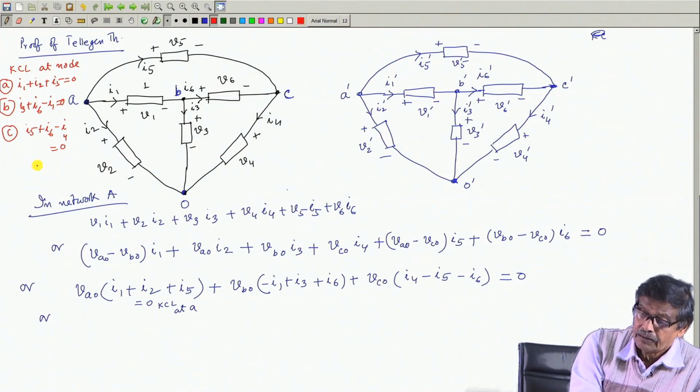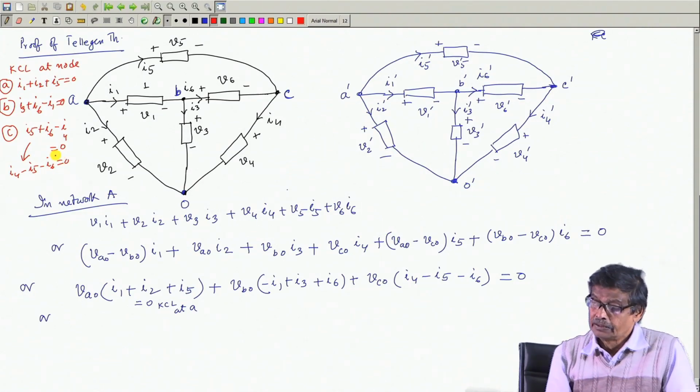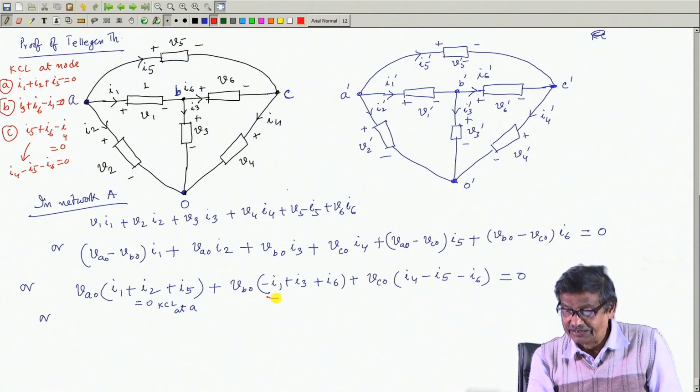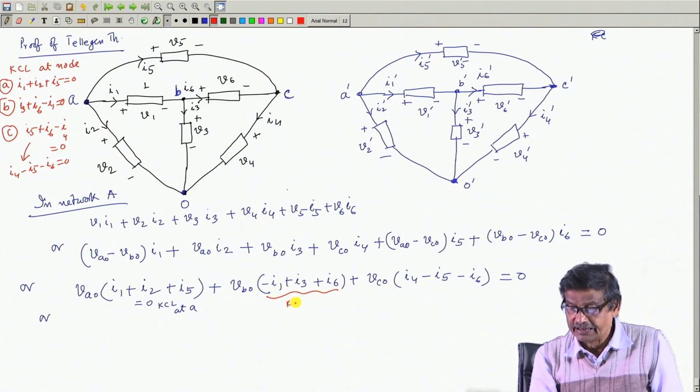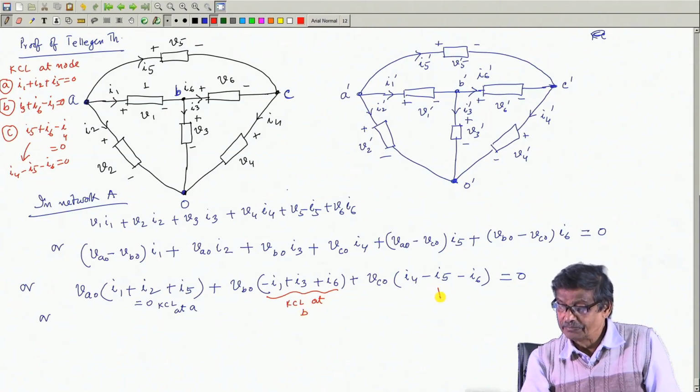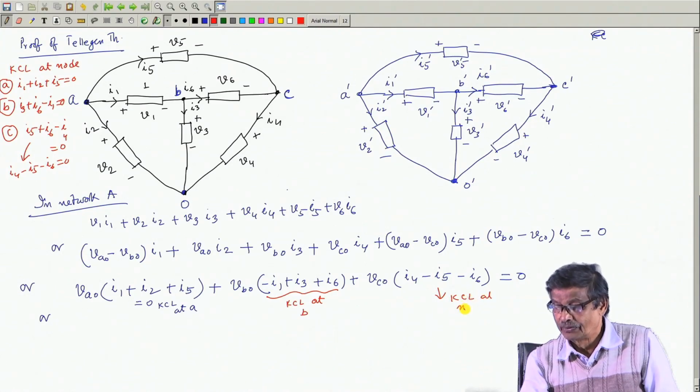If you take this to the other side, I 4 minus I 5 minus I 6 is equal to 0, same thing. Therefore, this is KCL at A. Similarly, this term is KCL at node B, and this term is nothing but KCL at node C.